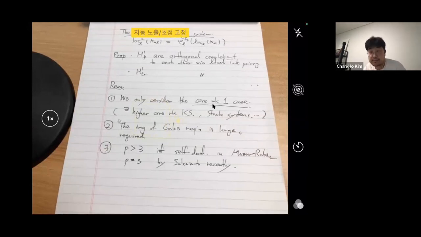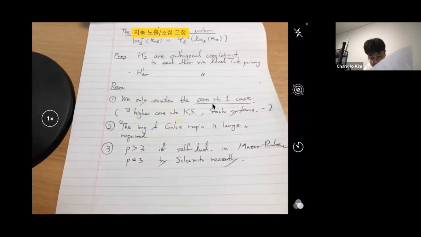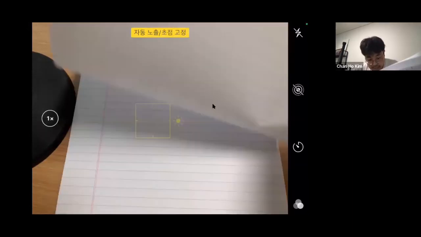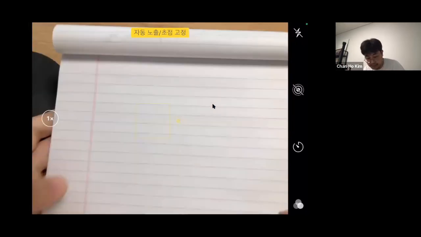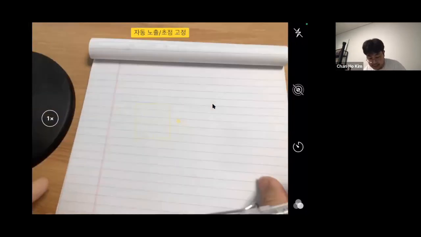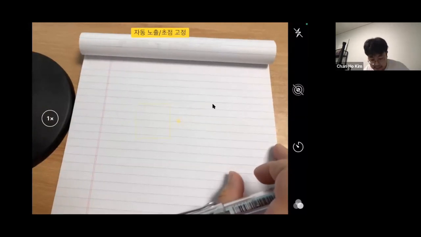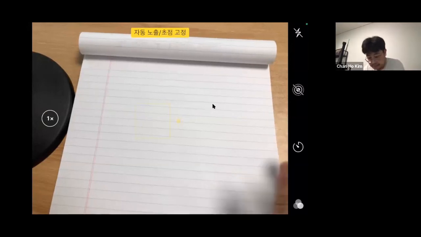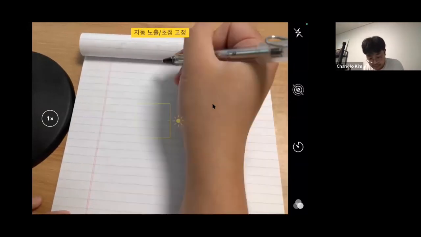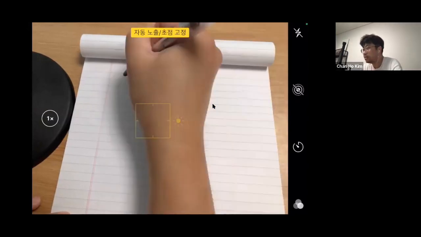Okay, now we derive Kato's Kolyvagin systems from the Kato-Zeta system. And the whole process is very similar to the Heegner point case. So, okay, do this.